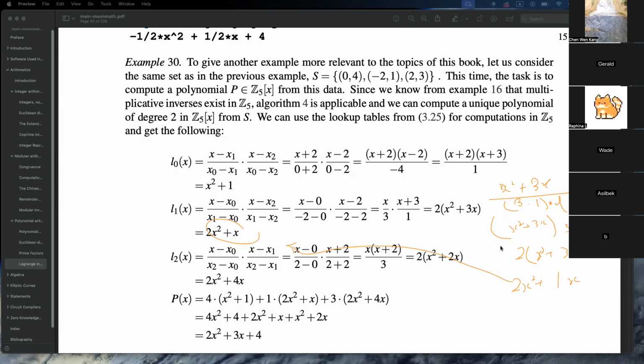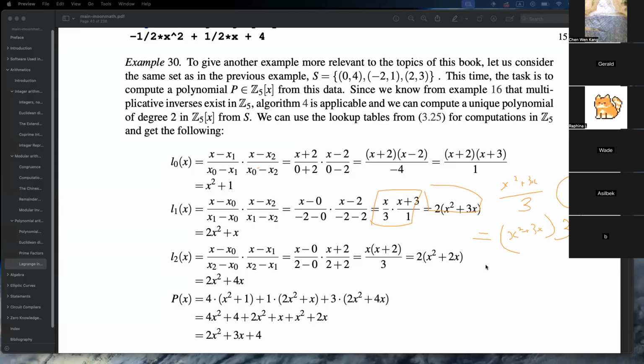Again, I'll put it with a little bit more clarity here. So this became this because if you do the calculation, this is essentially x squared plus 3x divided by 3, which is equivalent to x squared plus 3x times 3 inverse, I mean, 1 over 3.